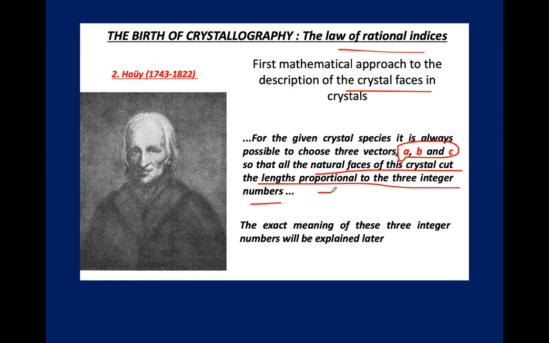We will see the exact idea later on, but just keep in mind that this is called the law of rational indices, because the ratio has some relationship, depending on the crystal. You will study this under a different name later on, which we call Miller indices, a kind of index actually. We will see that later on.